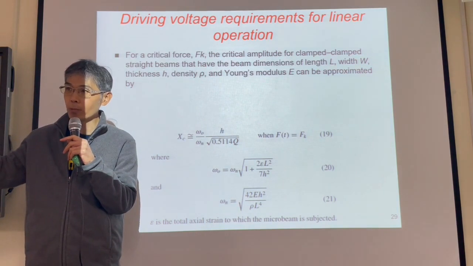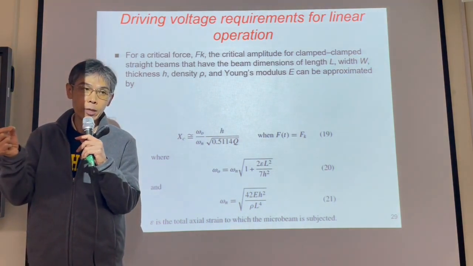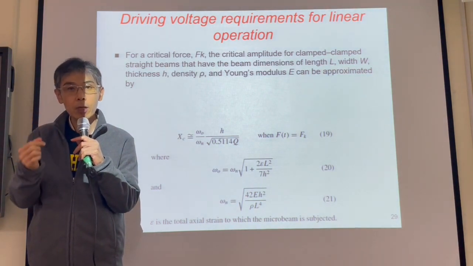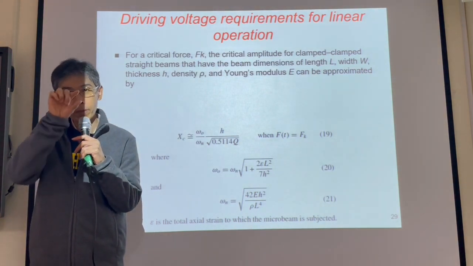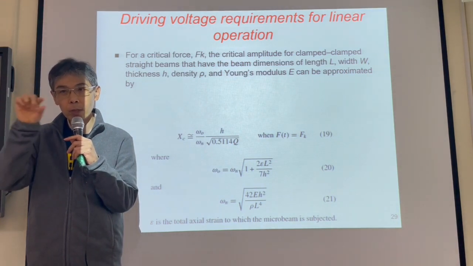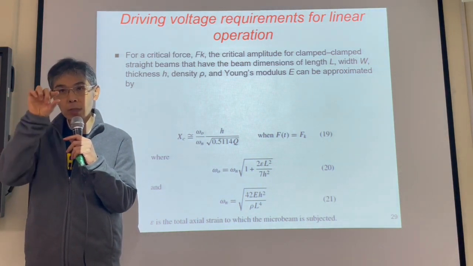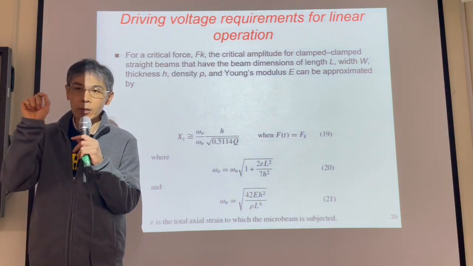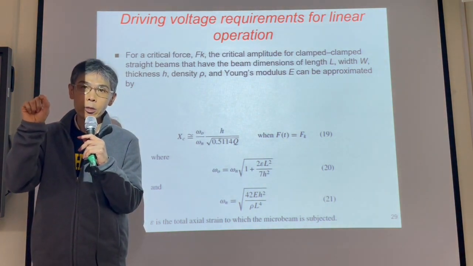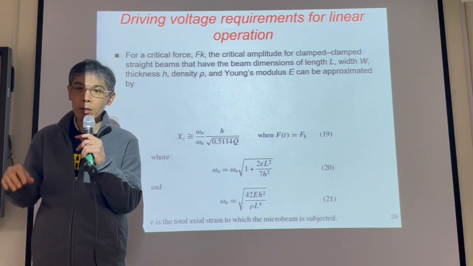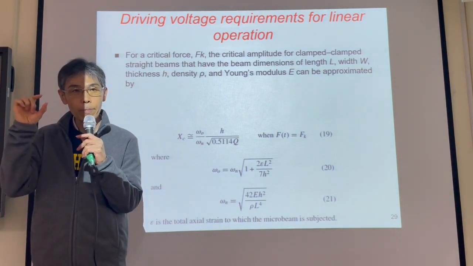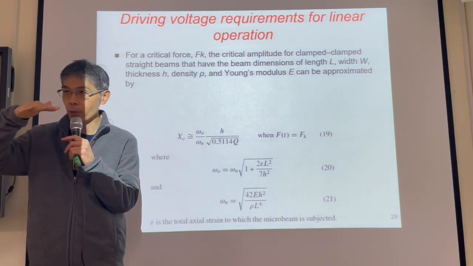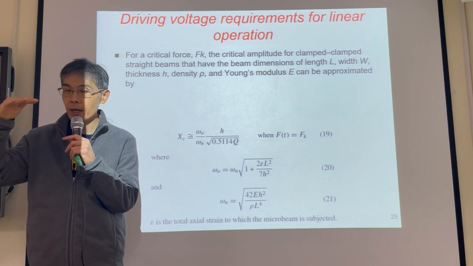Large signal model means non-linear response. Small signal model means linear response. So for the mechanical system to be used in a small signal situation, we cannot give too much voltage to it. Otherwise, the vibration will become non-linear.